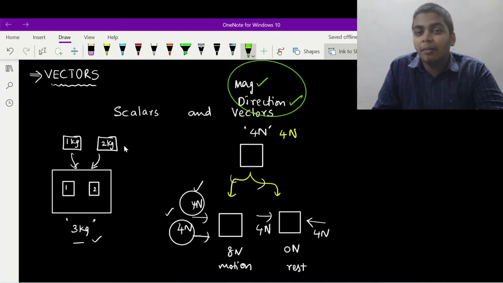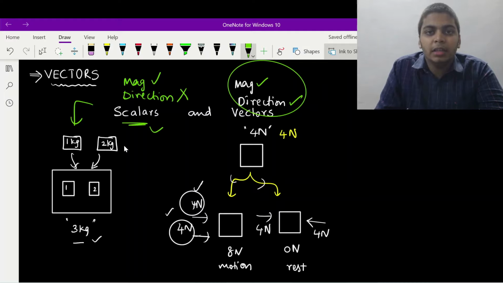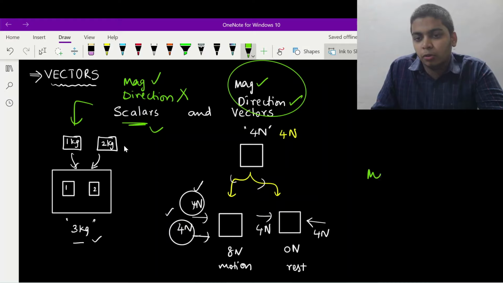And some physical quantities which only depend on magnitude, but are irrespective of direction, that physical quantity is known as a scalar.